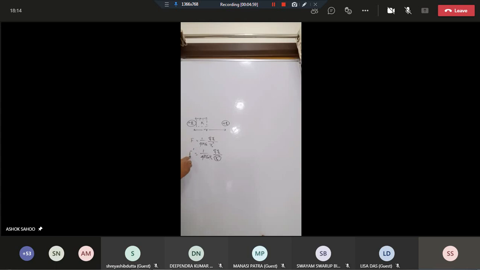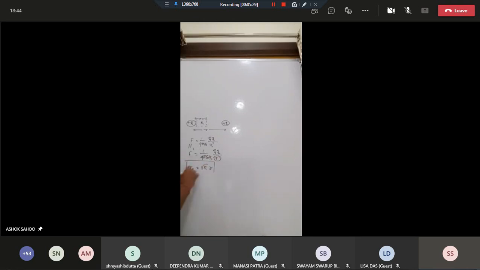Initially it was R naught, now you take it as R. Then both will be equal. Equating these two, we get R naught equal to root K times R.